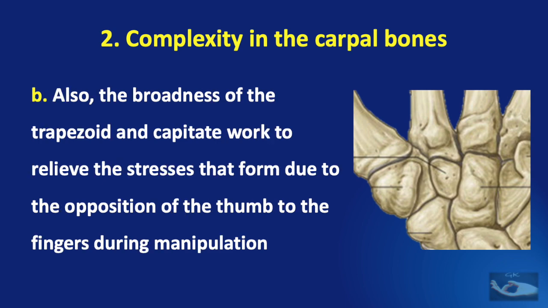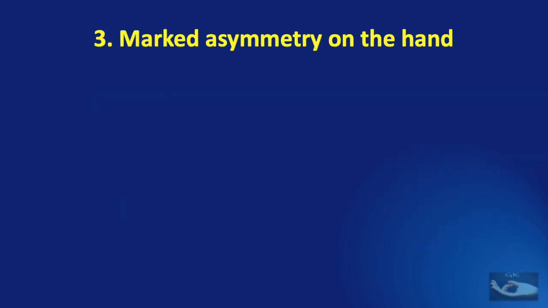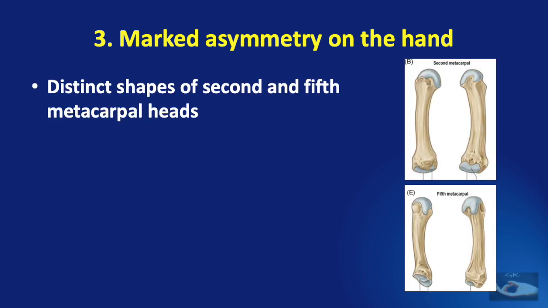The second important point is that the broadness of the trapezoid and capitate work to relieve the stresses that form due to the opposition of the thumb to the fingers during manipulation. Along with the changes in the complexity of the wrist came a marked asymmetry on the hand. This was brought about by the distinct shapes of the second and fifth metacarpal heads.